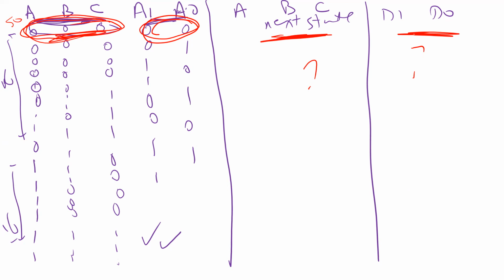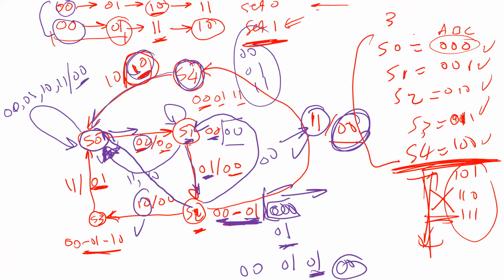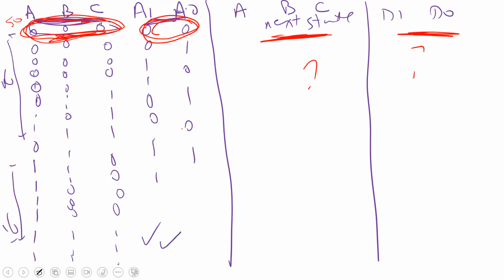This information you can find in the state diagram. If I'm in state 0 and the input is 0, 0, the next state has to be state 1. I have to move from here to here. So here I'm going to say it is 0, 0, 1, state 1. And what is the output?